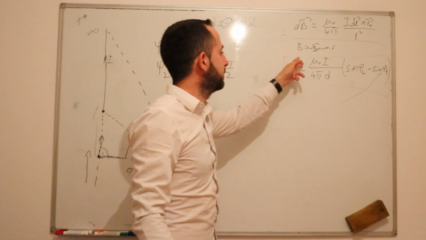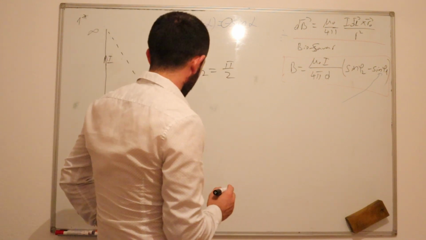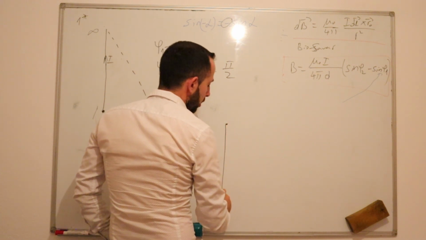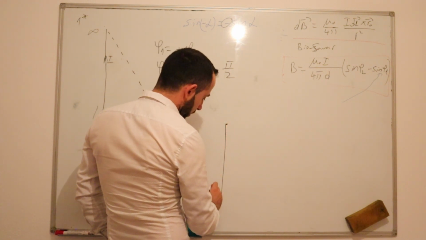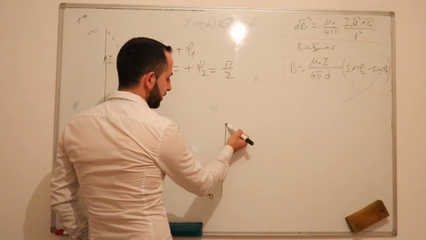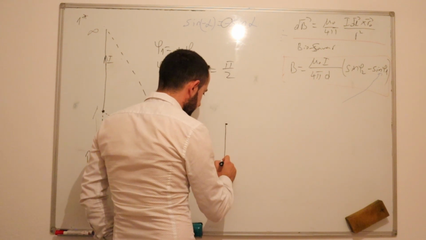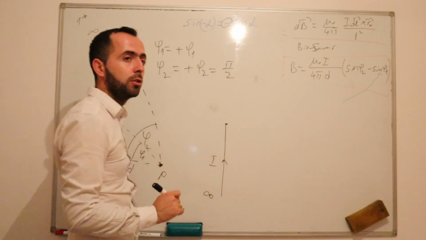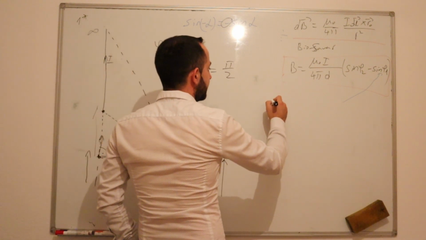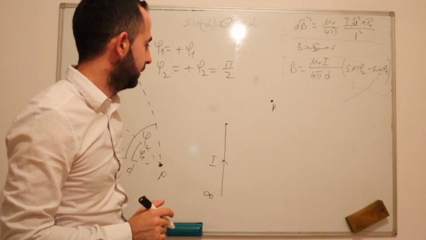And you put this here. Also, I will show you the following. Once again, I have an infinitely long conductor that starts from this point and goes down, and the current is in this direction, and we need to calculate at this point the magnetic field, the magnetic flux density.